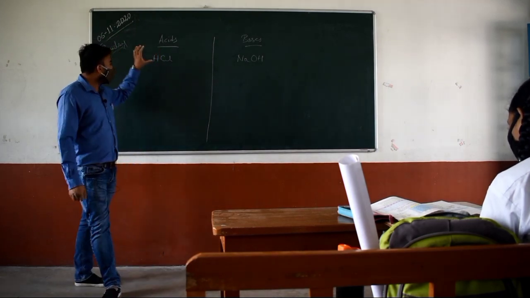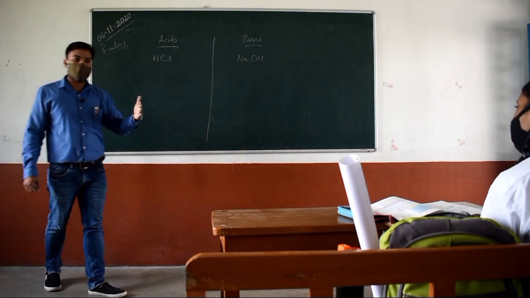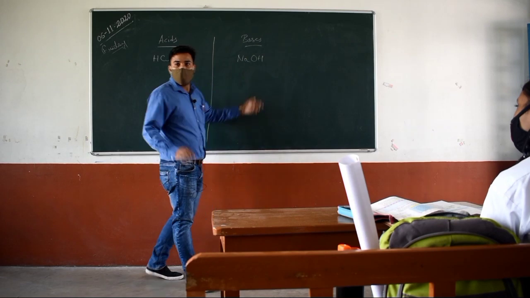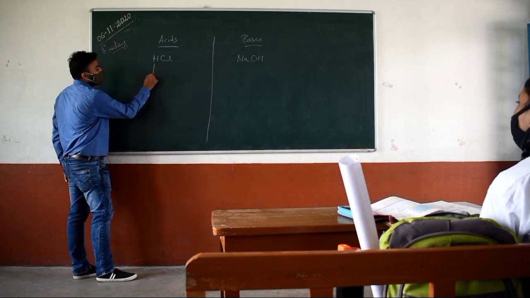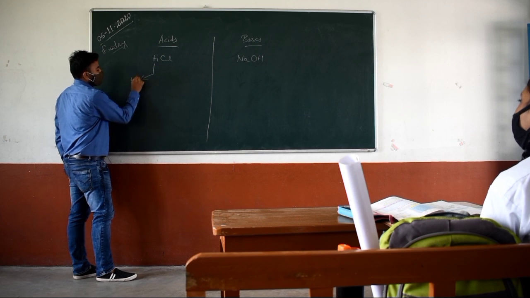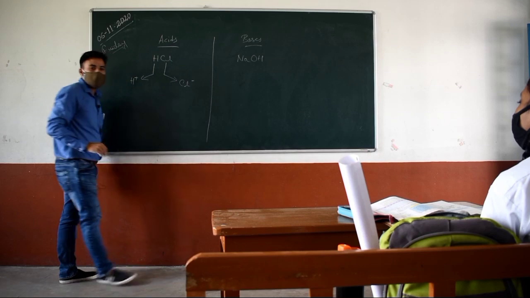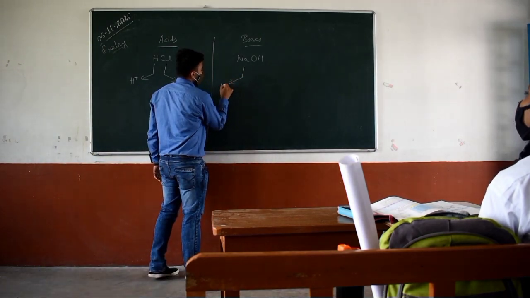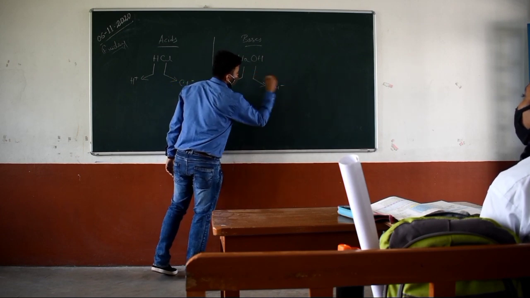If we break this compound into its separate positive and negative parts, the same thing if we apply here, let us see what we will get. Here we will get H plus and this will give us Cl minus. Here it will give us Na positive and this will give us OH negative.